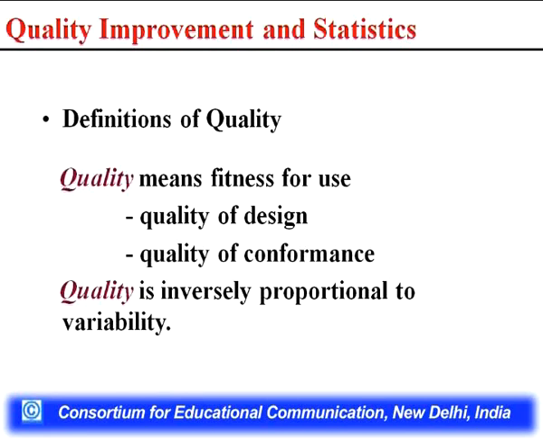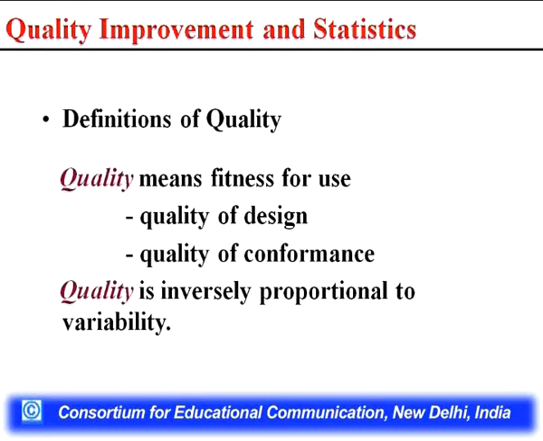Let us understand the definition of quality. Quality means fitness for use, quality of design, quality of conformance. Design is there, and then is it conforming to the specifications or not. So, two factors: quality of design and quality of conformance.